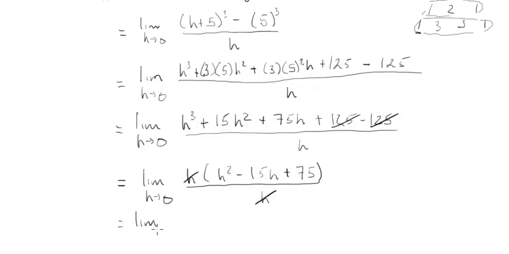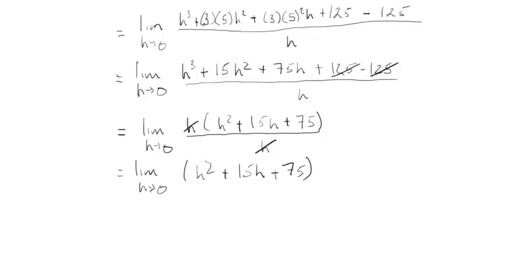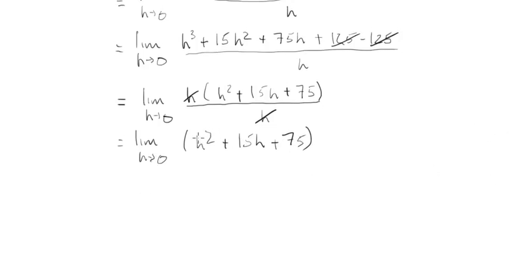You'll have the limit as h goes to 0 of h squared plus 15h plus 75. Sorry, that should be a plus. Now it's the limit as h goes to 0 of a polynomial, so we can use direct substitution. That'd be 0 squared plus 15 times 0 plus 75.